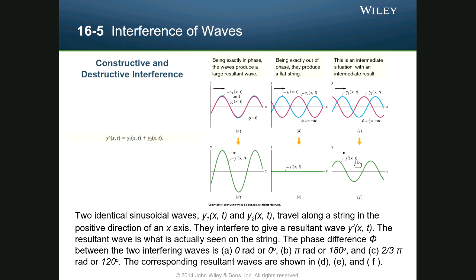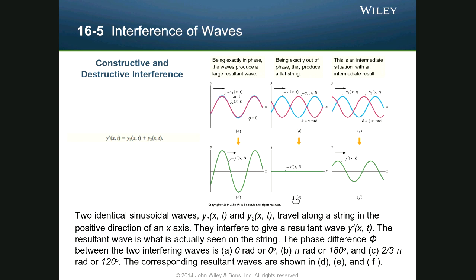Okay, ym is the individual amplitude of each of these waves. And then the phase difference is this difference here between these two waves. See what I'm doing with it? Do you see it visually? Okay, those are the three parts.